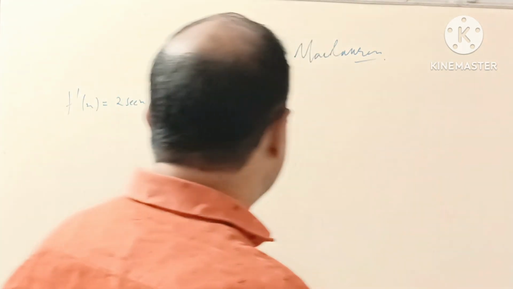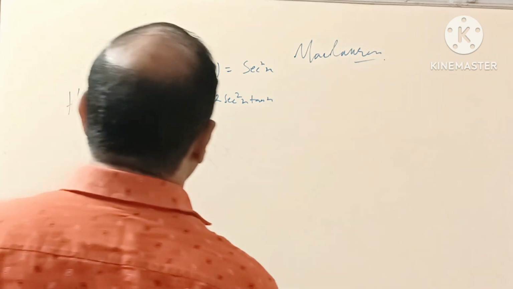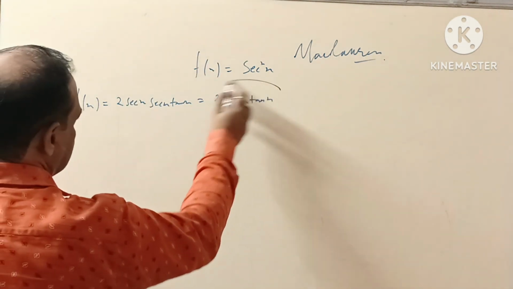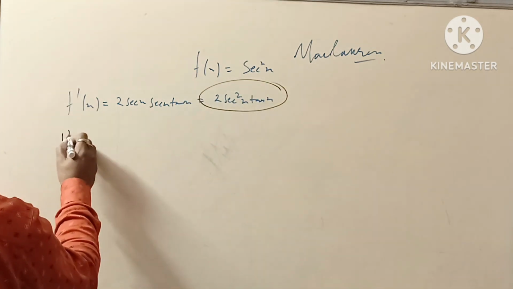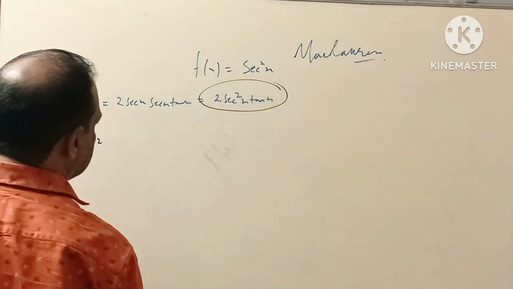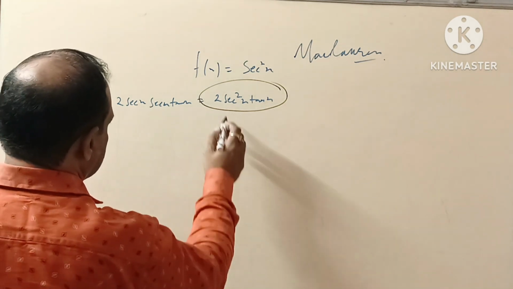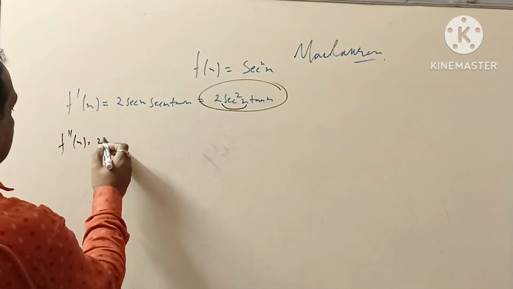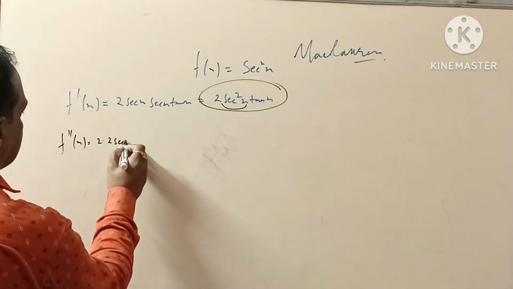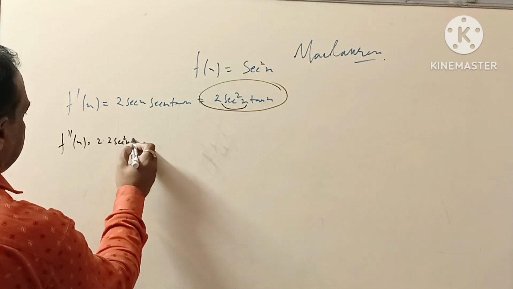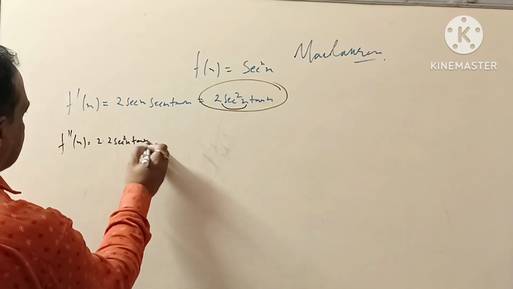Now the second differentiation of sec square x, or you can say now we have to differentiate f dash x. On differentiating this, the 2 will come in front, and we differentiate sec square x, which will give the same thing: 2 sec x and then sec x tan x, which becomes 2 sec square x tan x.